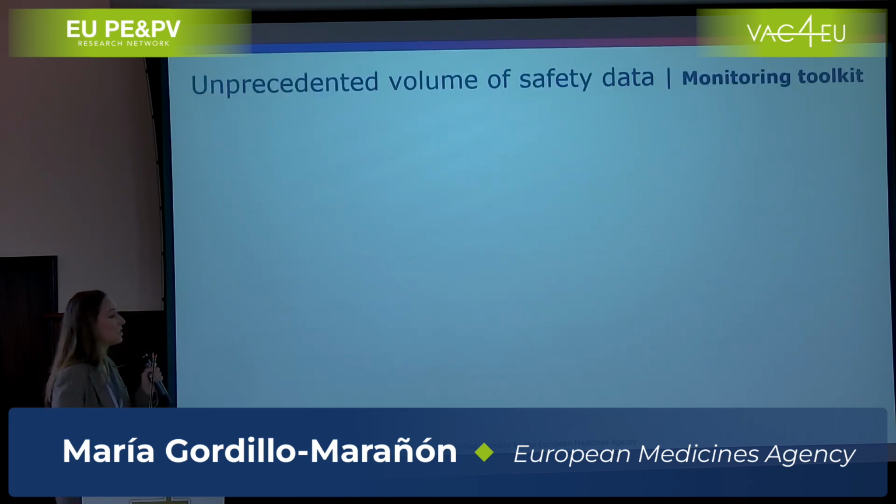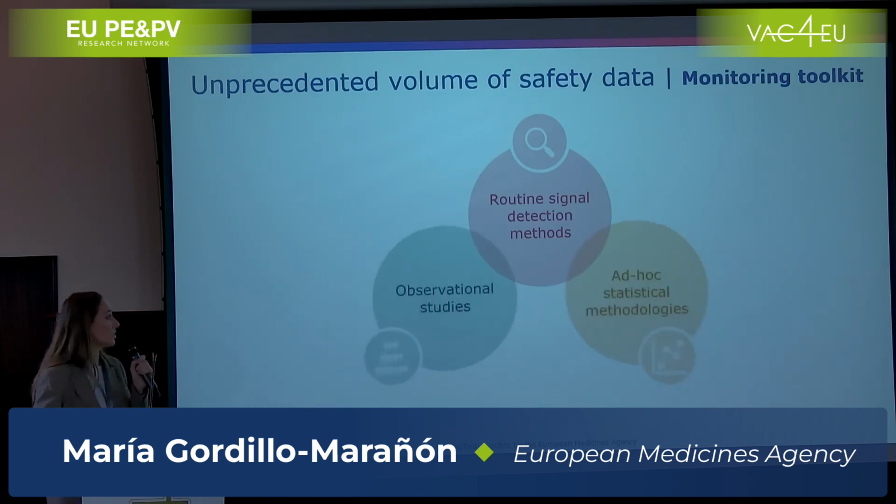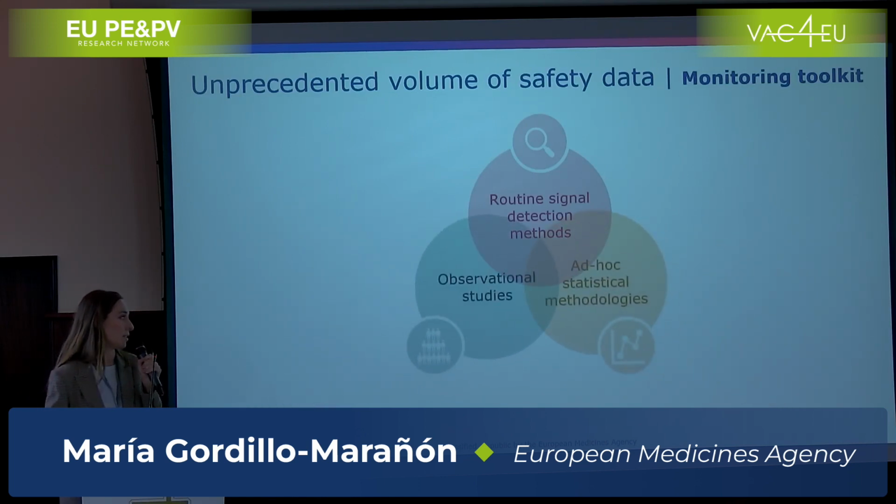As I mentioned, the high volume of safety data had been anticipated prior to the rollout of the vaccines, and EMA put in place some specific activities to ensure the enhanced monitoring of emerging safety information. This set of activities, here called the monitoring toolkit, combined routine signal detection methods, ad hoc statistical methodologies, and real-world evidence from observational studies.